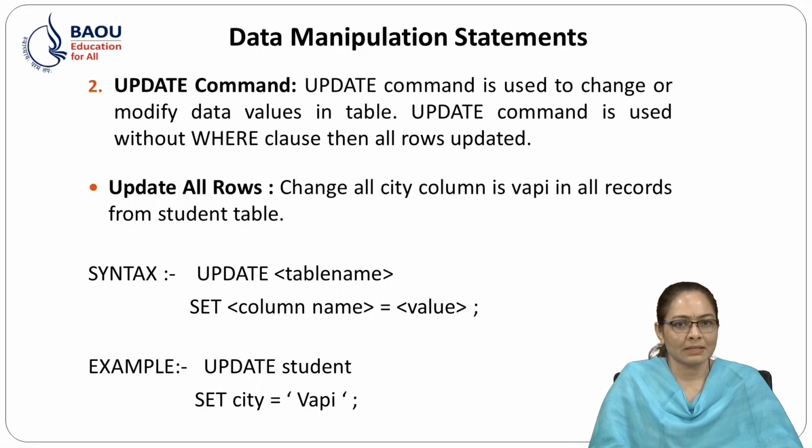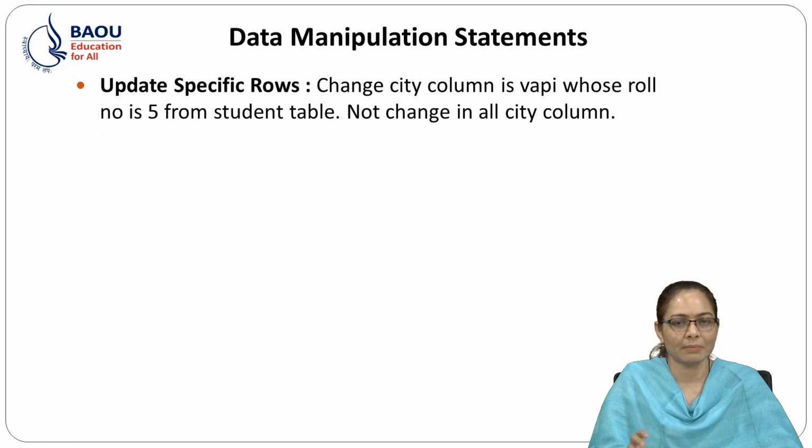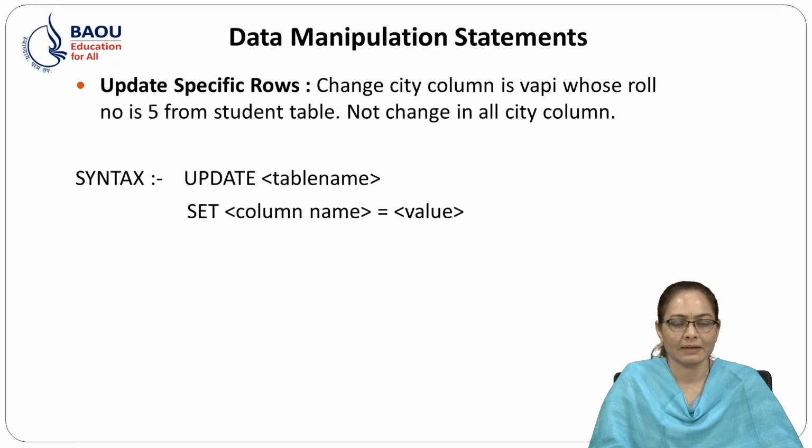Now next we see updating specific records. So change the city column to Vapi whose roll number is 5. A particular record is updated, not all the records. So in this, the syntax is update table name, then set column name is equal to value, then where condition.